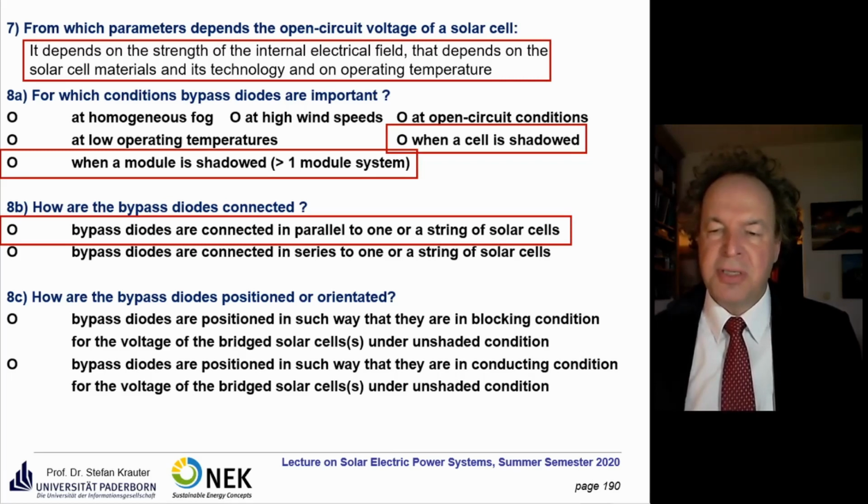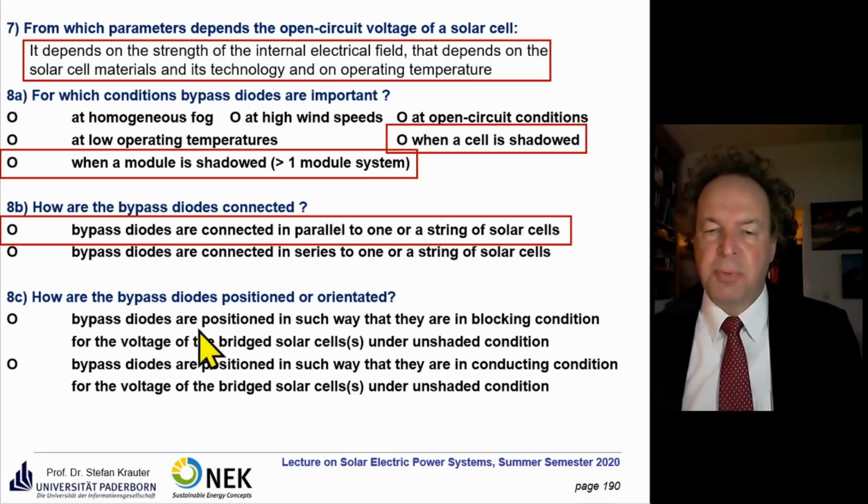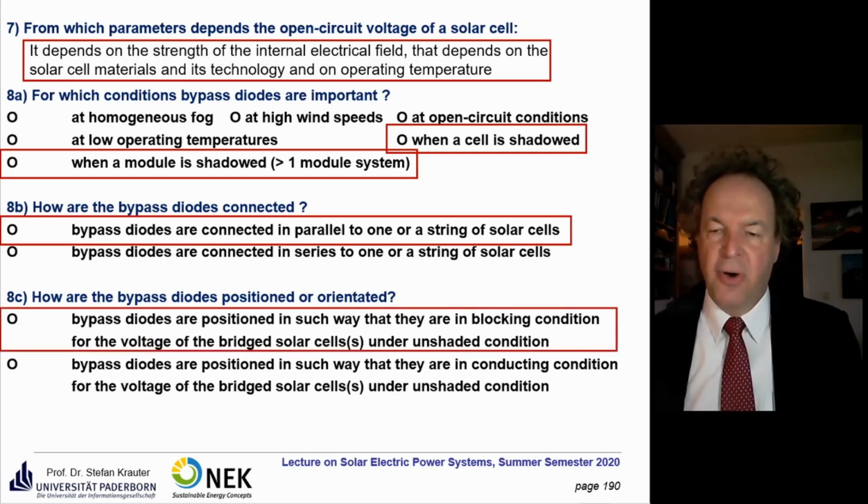That's not what we want. We want that in unshaded conditions we don't feel the bypass diode, so it must be in blocking condition, and this would be number 1. It should be in conducting condition only in shaded conditions. So here number 1 is correct. For unshaded conditions, the bypass diodes must be in blocking conditions.